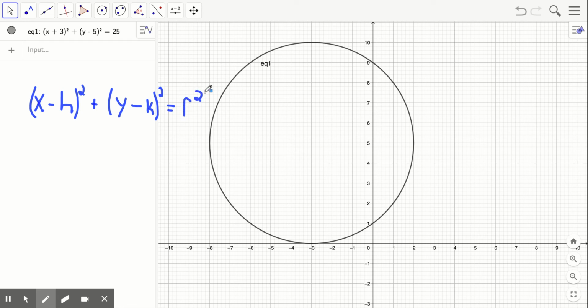Now, you won't see the radius squared like 4 squared or 5 squared. They'll actually square it out. R squared is actually a number. K and H are actually numbers. X and Y are the variables.